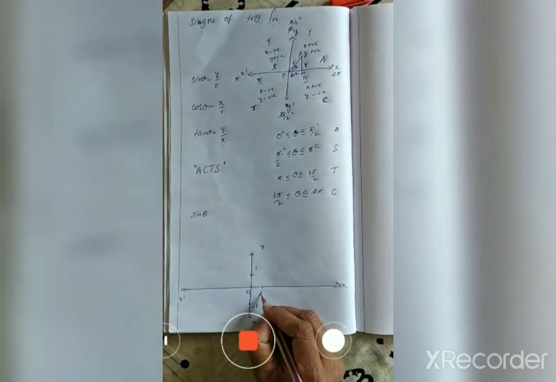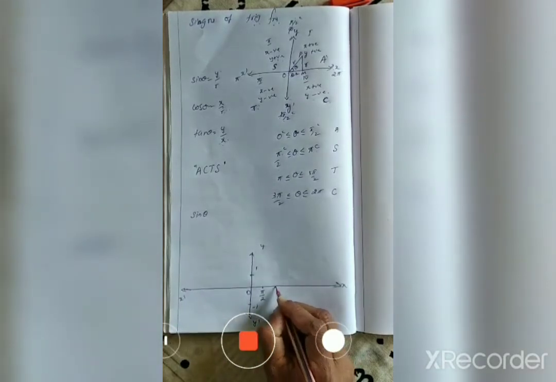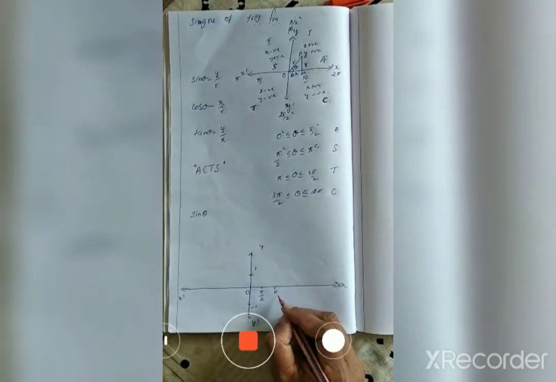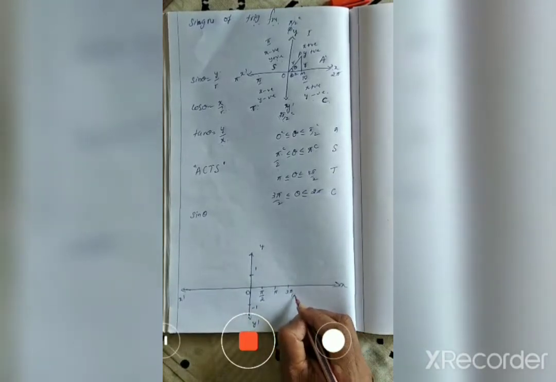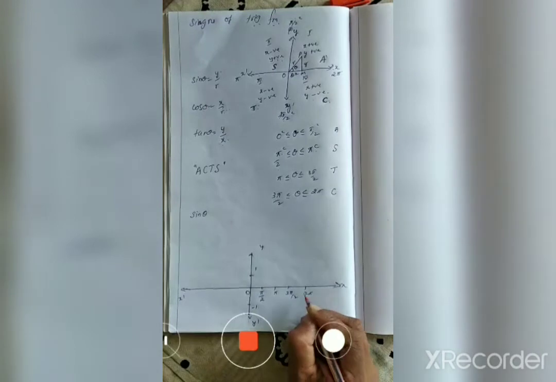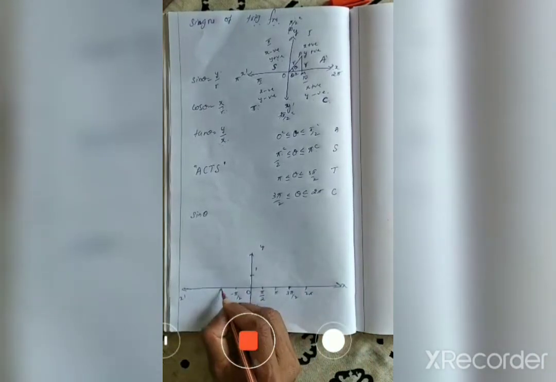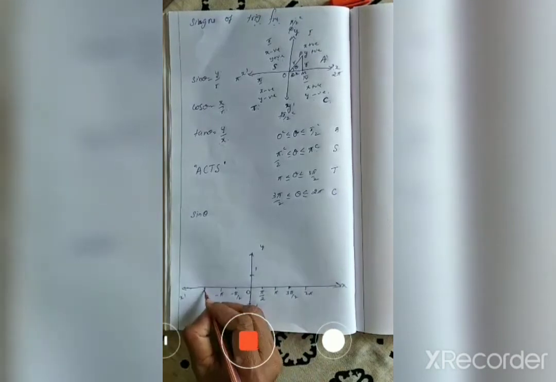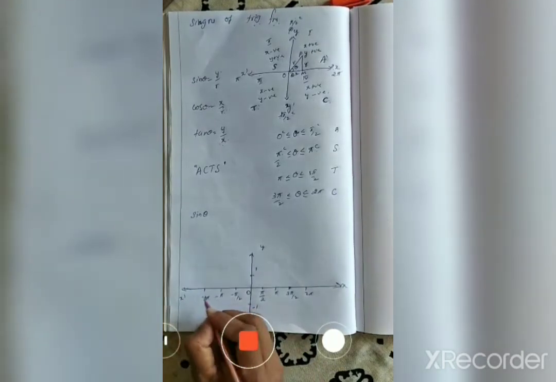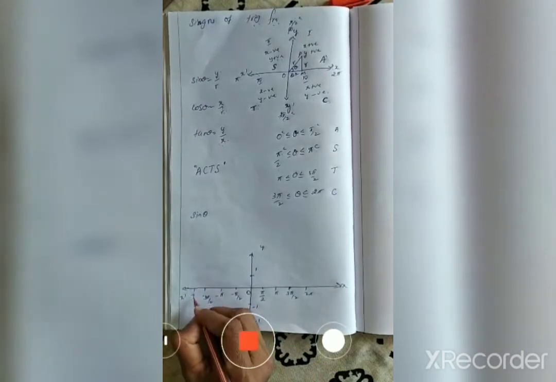Let us take the angles pi by 2, the quadrantal angles pi, 3 pi by 2 and 2 pi. Negative side, minus pi by 2, minus pi, minus 3 pi by 2 and minus 2 pi.